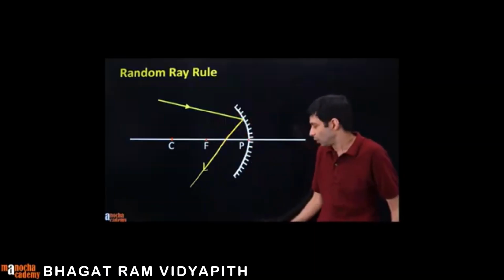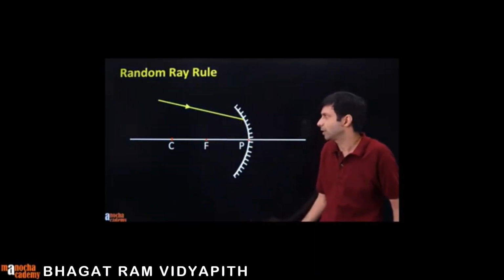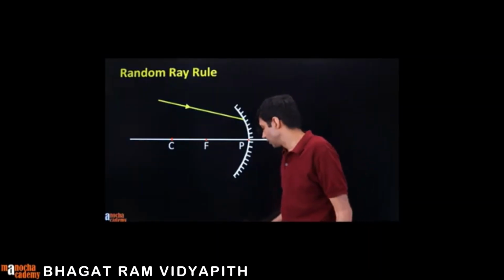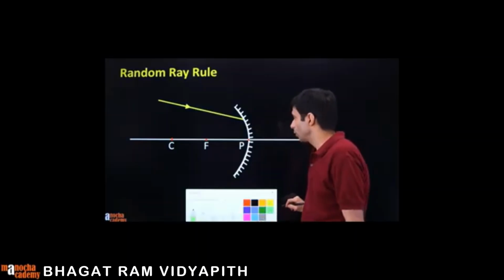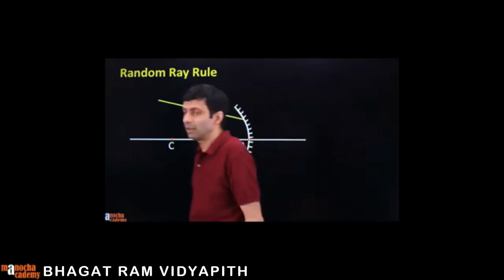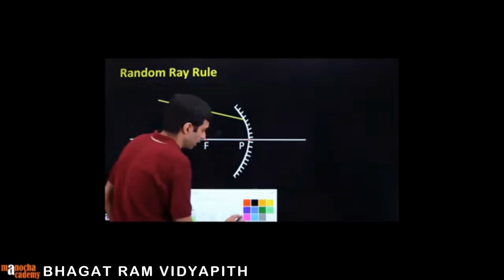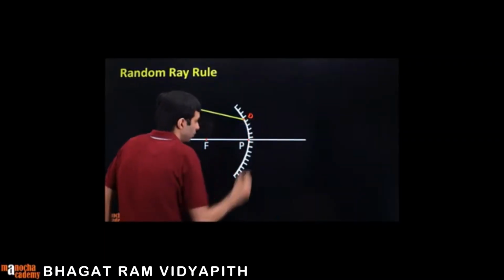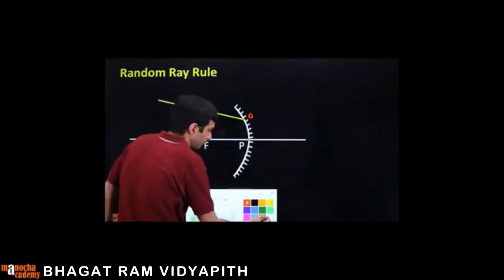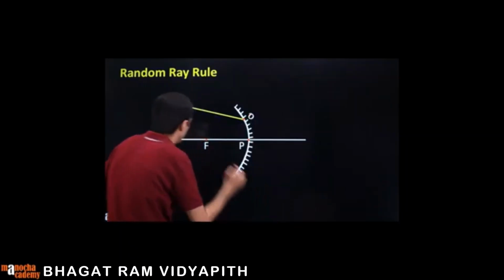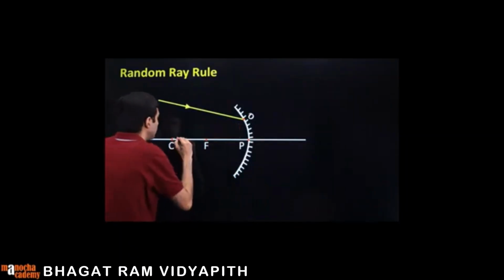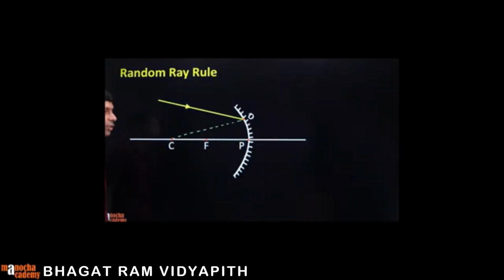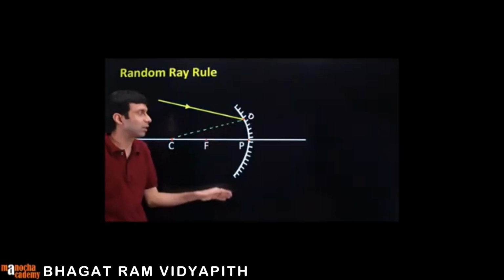Where will it go? So how do we make a more accurate estimate of where this ray is going to go? What we are going to do is use the idea that at this point of incidence, this is my point of incidence, O. So if I join, all you have to do is join O and C. Just join the point of incidence and the center of curvature, because this is like the radius of the circle.